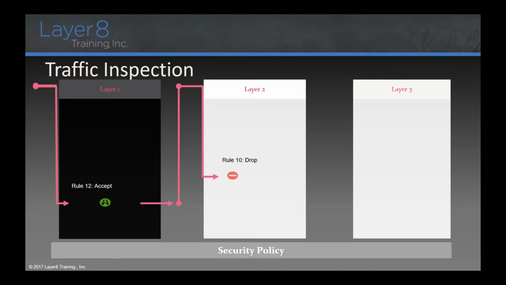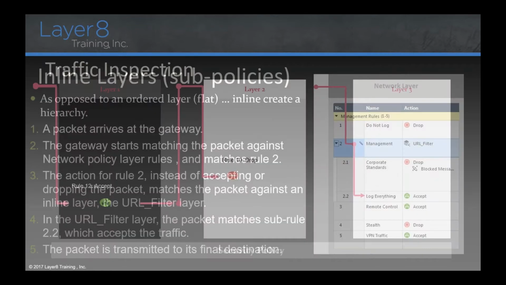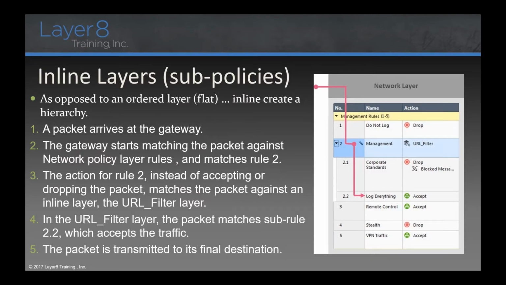We've also got what are called inline layers. As opposed to the earlier versions, where you had a flat ordered layer within your rule base, with policy 1, 2, 3, 4, 5, 6, now we can do a sub layer. The system will hit the gateway and start matching the packet against the network access, the firewall rules, until it finds an accept. If it finds a match and it's accept, it will then go down to the sub layers, sub layer 2.1 and sub layer 2.2.